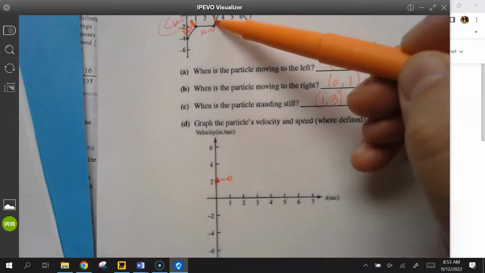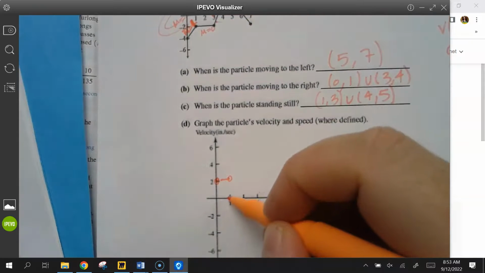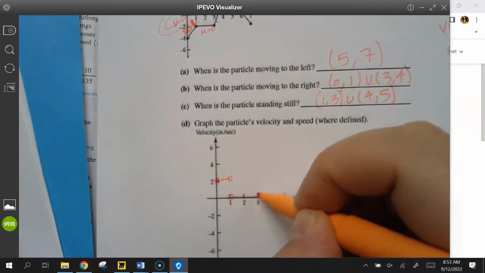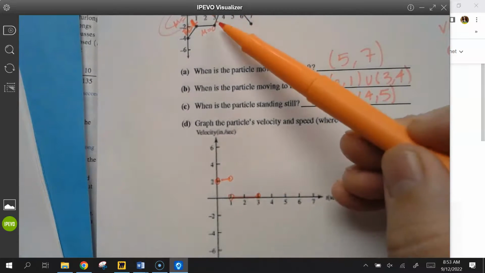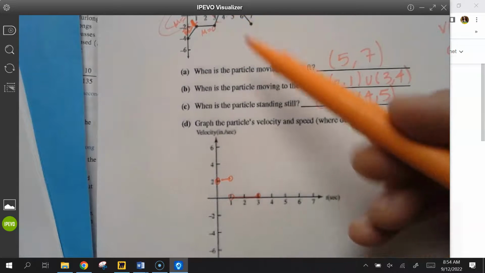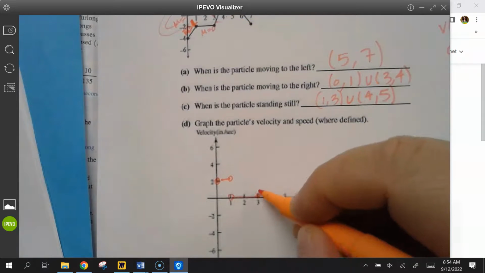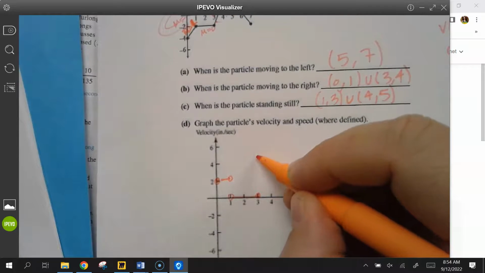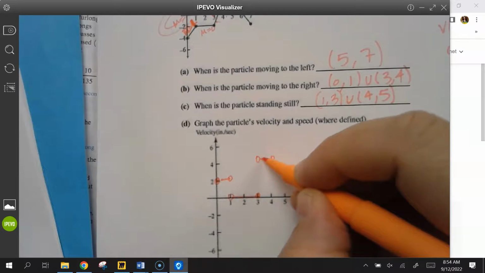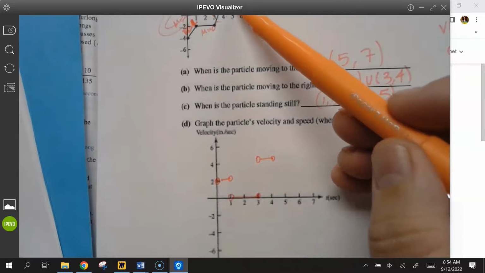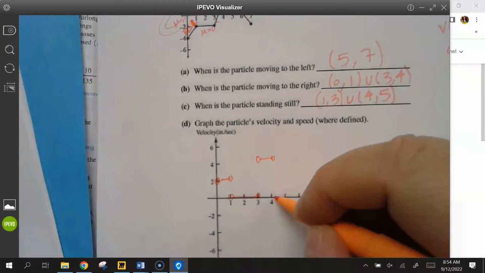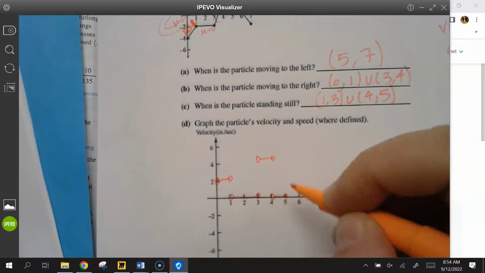And then from 1 to 3, my velocity is 0. And then from 3 to 4, what's my velocity? 4. And then from 4 to 5, I'm back at 0.